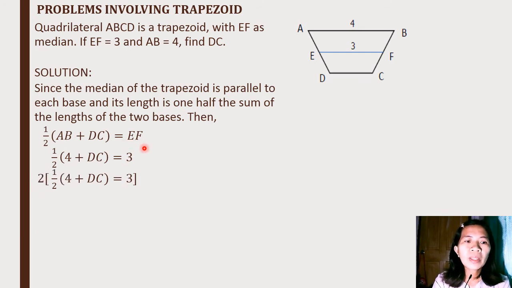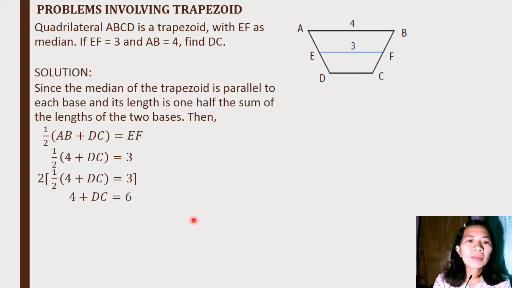Now we are going to get the multiplicative inverse of 1/2, that is 2. So multiply both sides of the equation by 2. 2 times 1/2 is 1. Then we multiply 2 times 3 also.